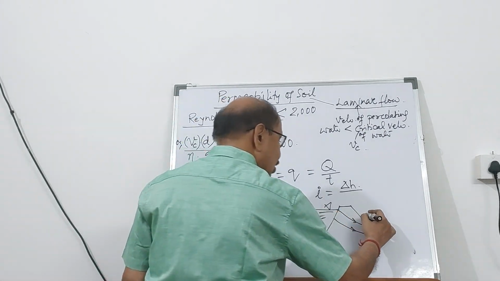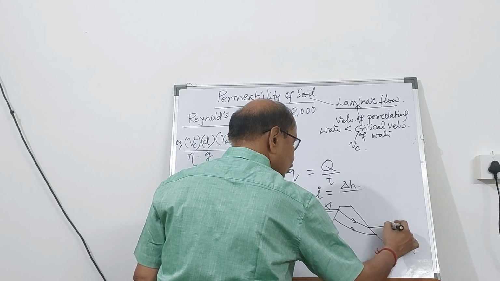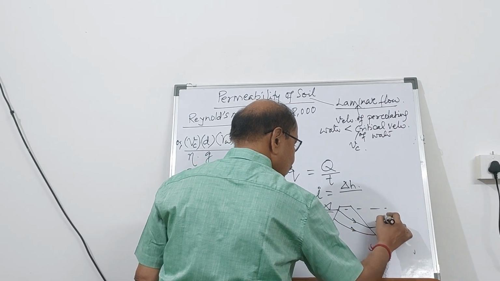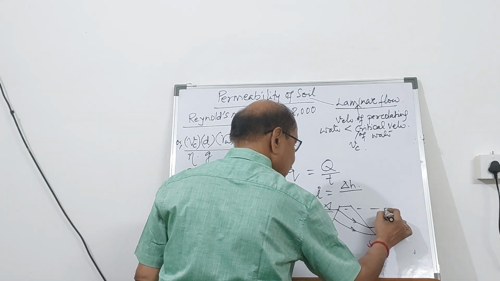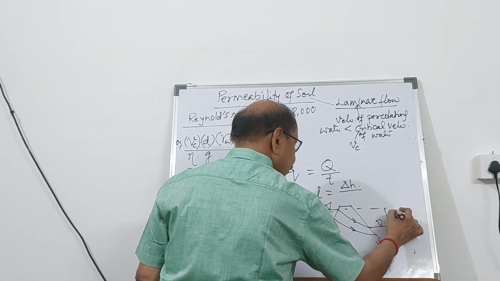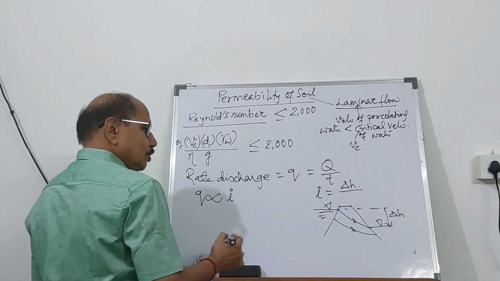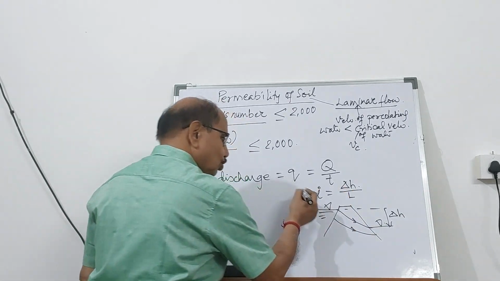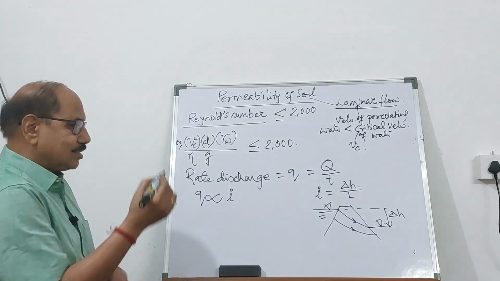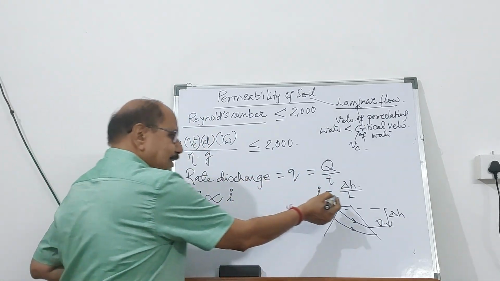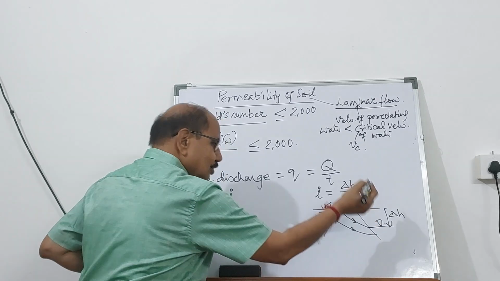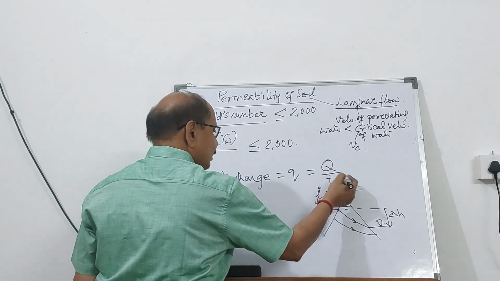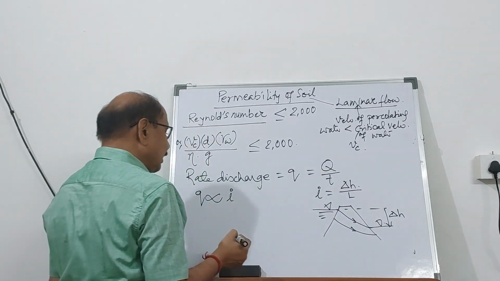So what is the head loss? Let's say the water is oozing out from here. So the head loss is going to be delta H, and the total length through which it has traversed. So the head loss per total length through which the water has traveled is called the hydraulic gradient.